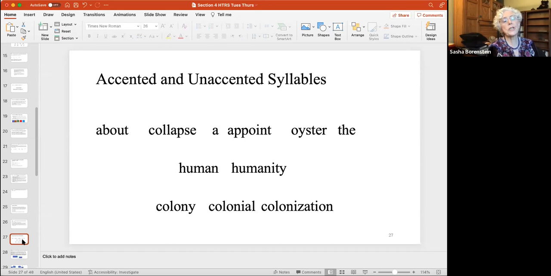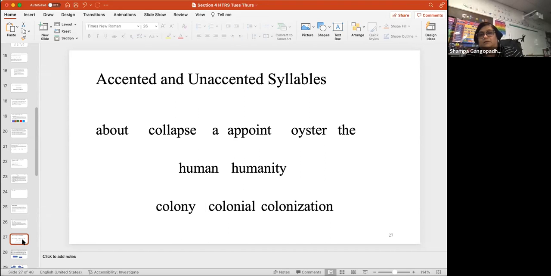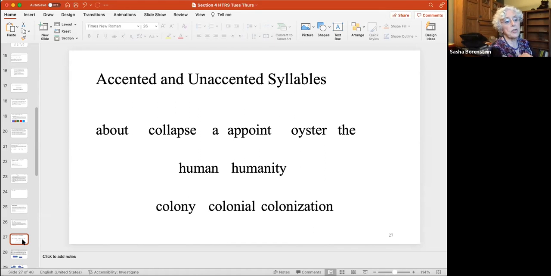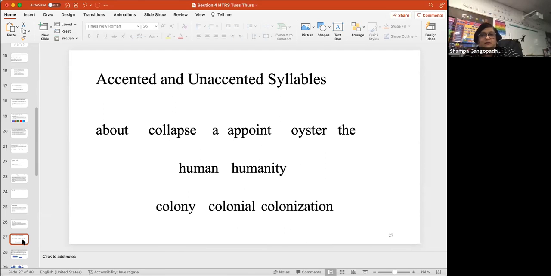And the second and third are not accented. Right. And which one has collapsed into a schwa, the second or the third? Colony. The second. Exactly. I think the second is a schwa.